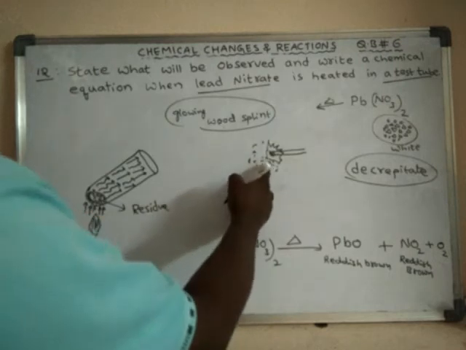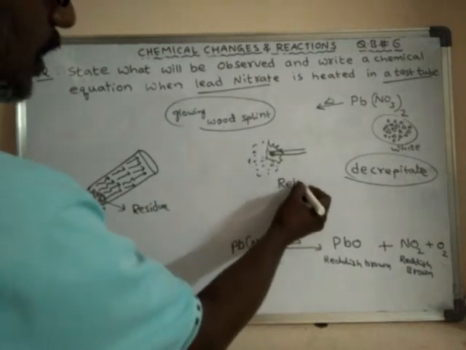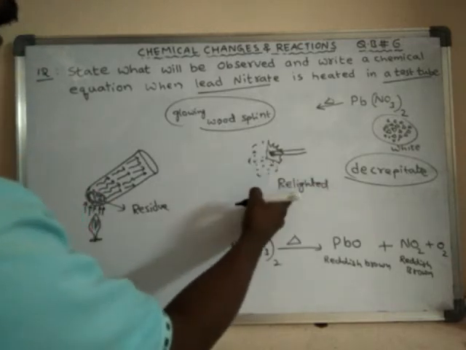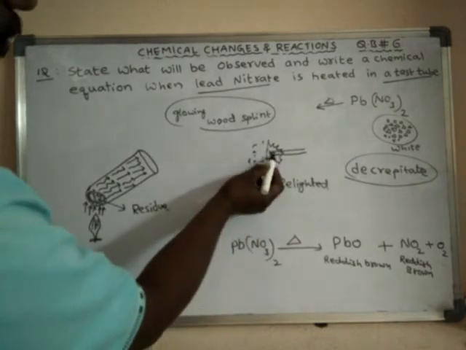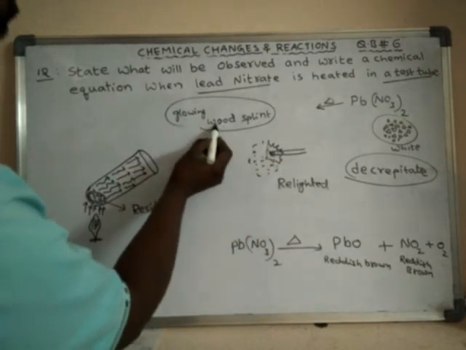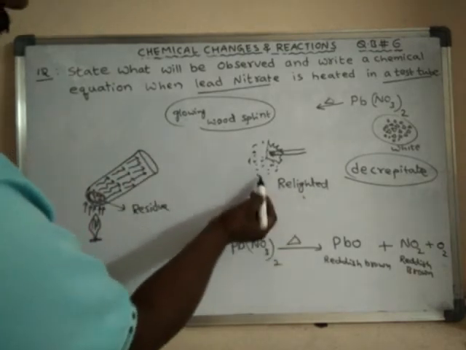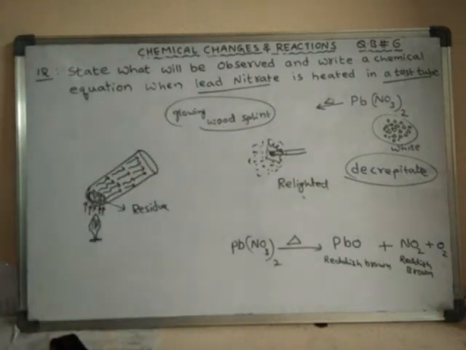So when a glowing wood splint relights, it indicates that there is oxygen in its surrounding. That means it is kept in oxygen.